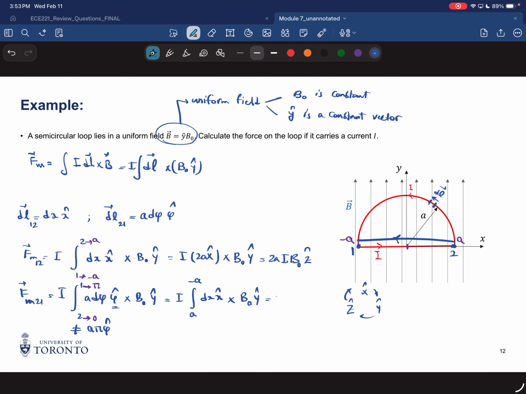So that is going to be minus 2aI B naught z hat. That's what Mo was saying. Okay, so what is the total force? 0.